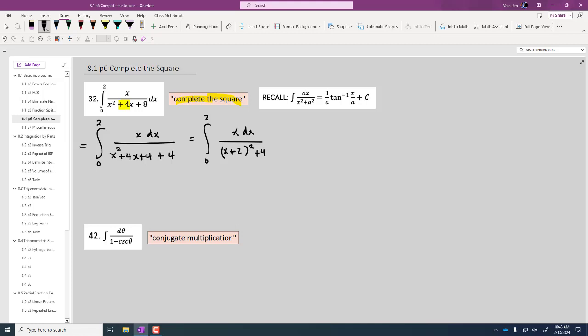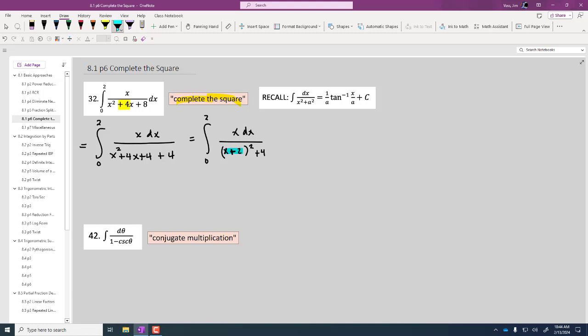It's looking better, but we still have some problems. Down here we have an x plus 2, so we might think about using substitution. That will get us somewhere for sure if we want to try it.